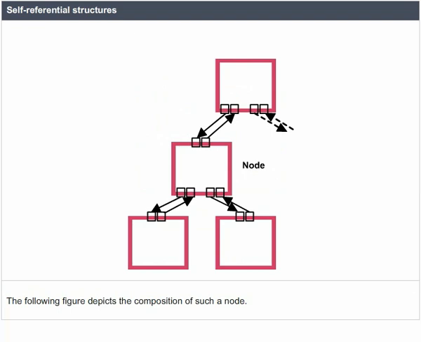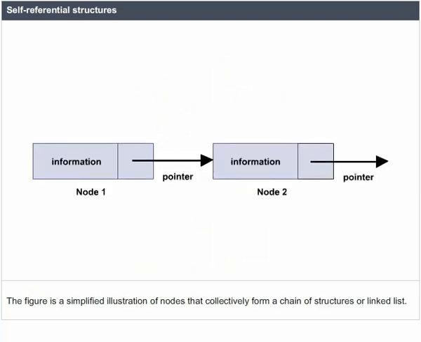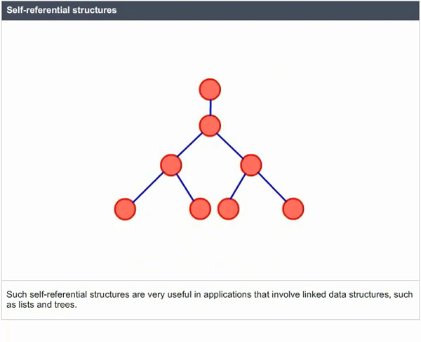The following figure depicts the composition of such a node. The figure is a simplified illustration of nodes that collectively form a chain of structures, or linked list. Such self-referential structures are very useful in applications that involve linked data structures such as lists and trees.